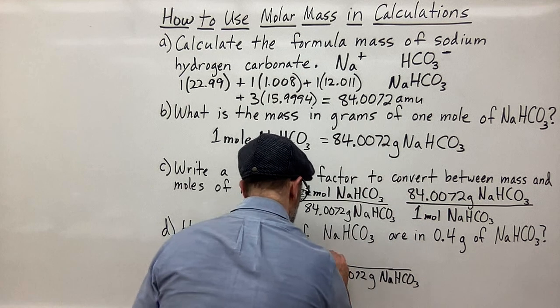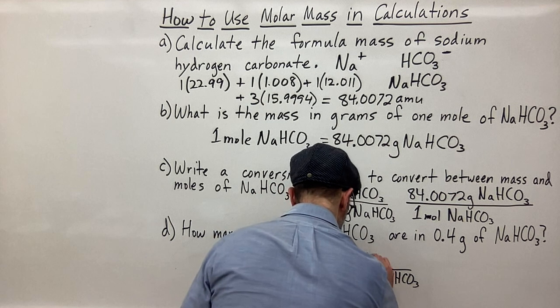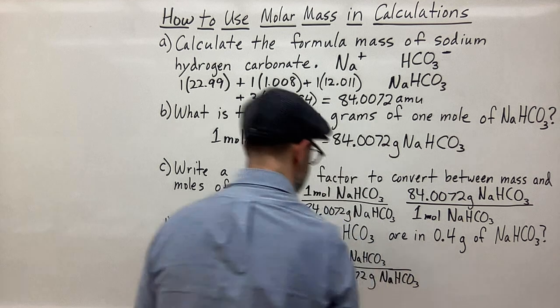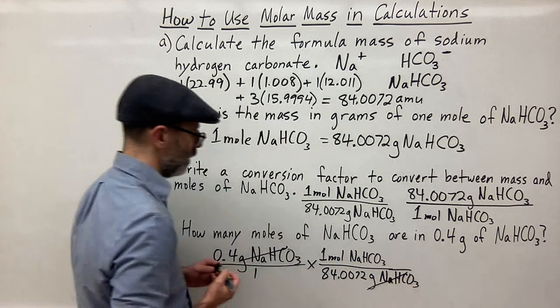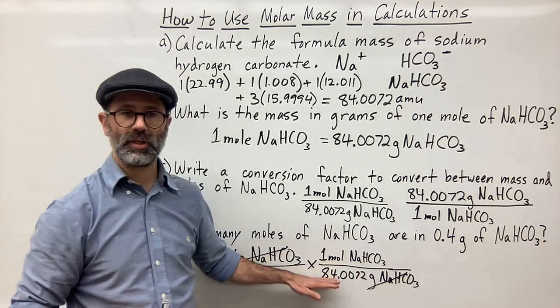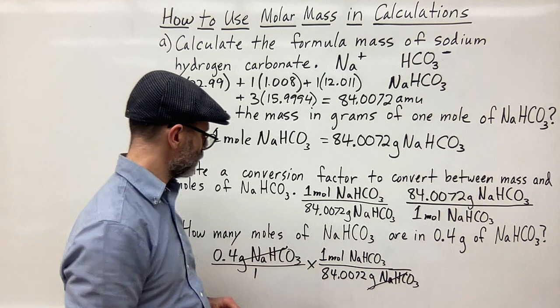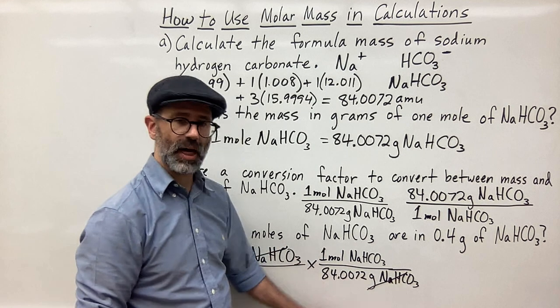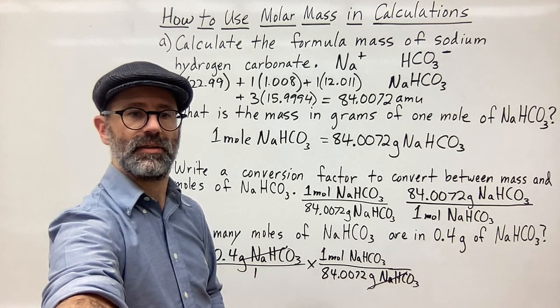And then I have 1 mole of the sodium hydrogen carbonate on top. So grams cancels out. I have moles on the top. That's what they want. I'm done. So all I need to do is multiply across the top, divide by what's on the bottom, and I get my answer. So let's get our answer.